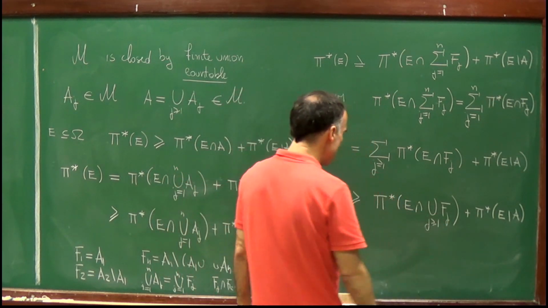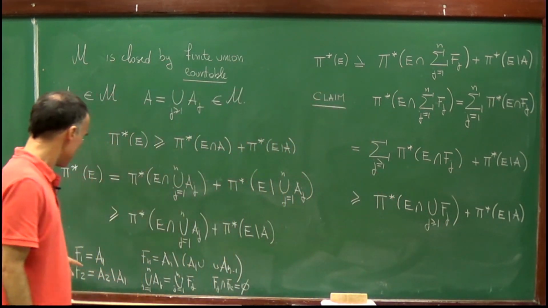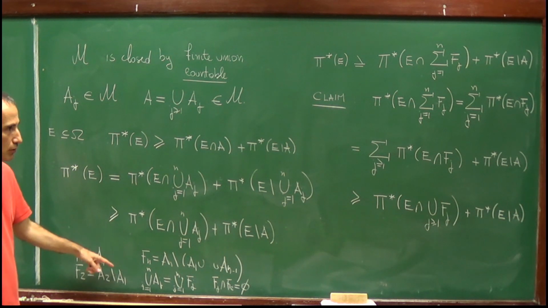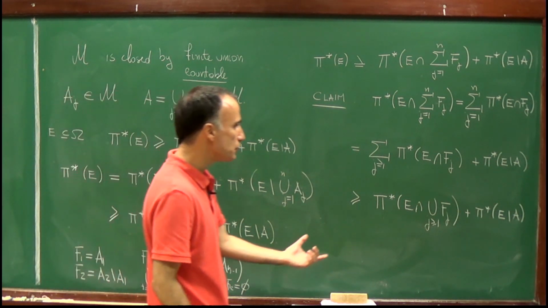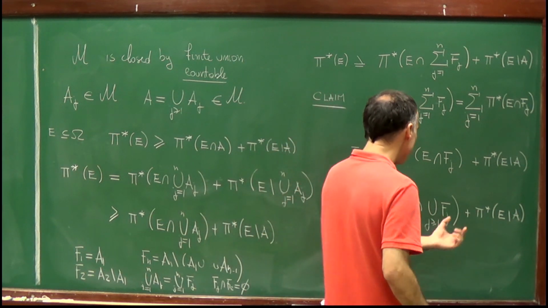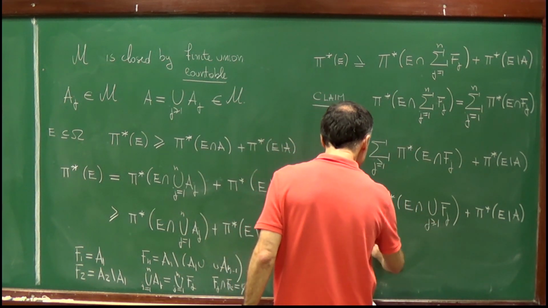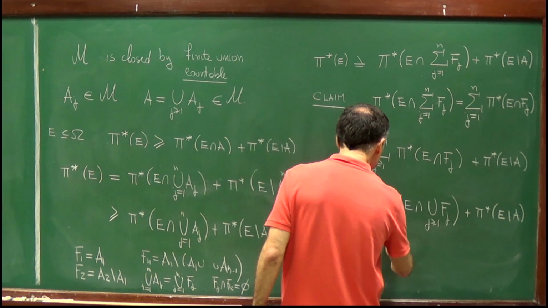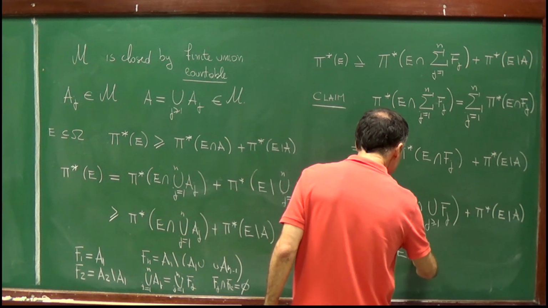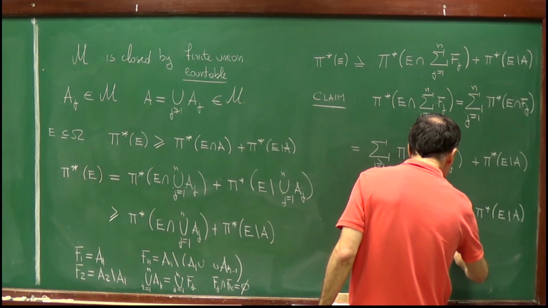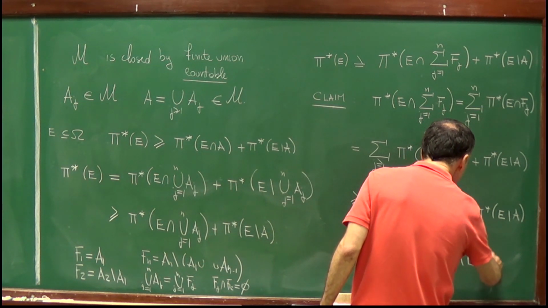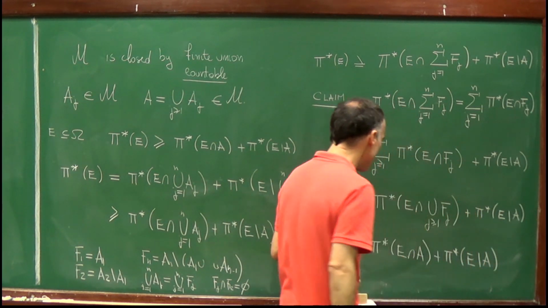But the union of fj, by construction of our sets fj, if you recall the definition of the sets fj, coincides with the union of aj, and the union of aj is just A. So this is equal to p star of E intersection A plus p star of E minus A. And this is exactly what we wanted to prove.